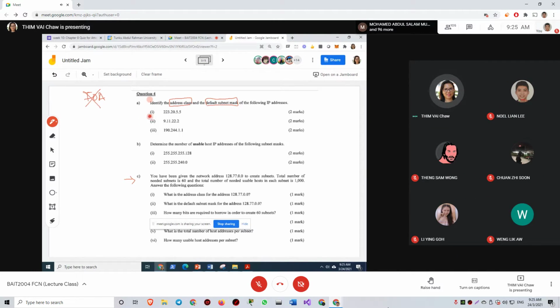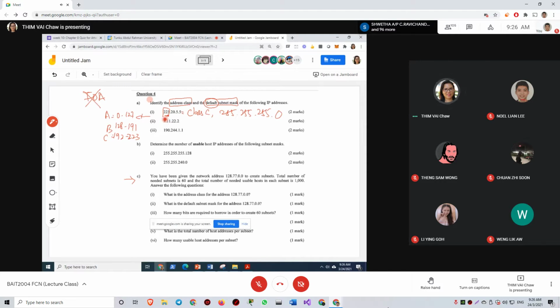You need to look at your classes: class A is 0 to 127, class B is 128 to 191, and class C is 192 to 223. So for this question, 223 belongs to this range, so this is a class C. The default subnet mask will be 255.255.255.0, because it is the original default before doing any subnetting.